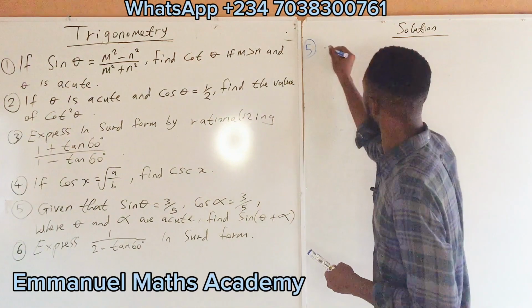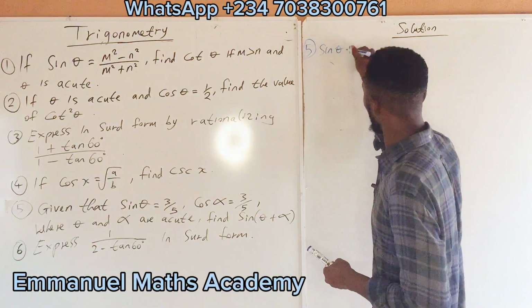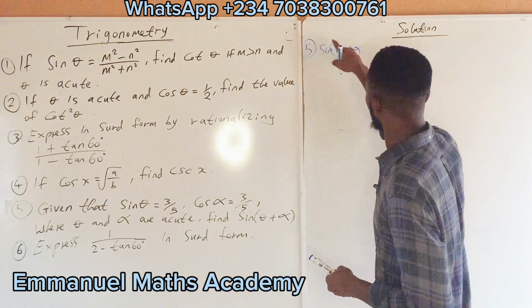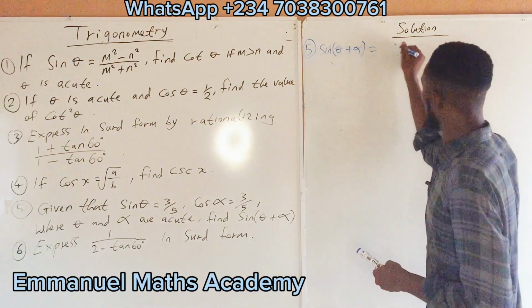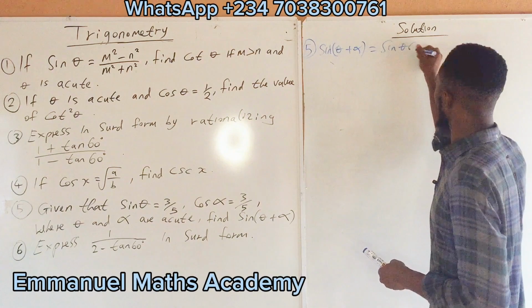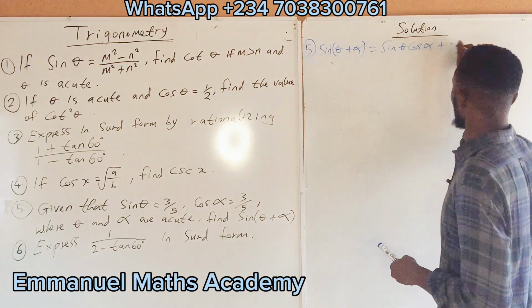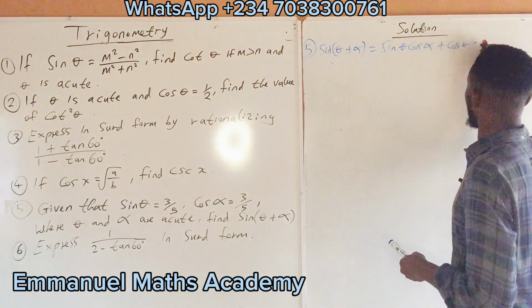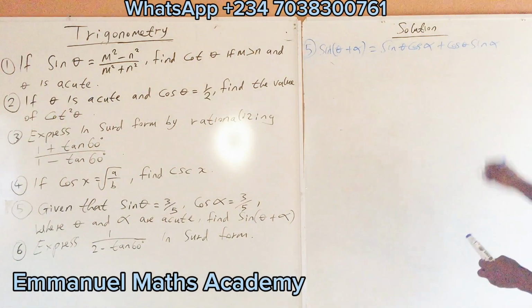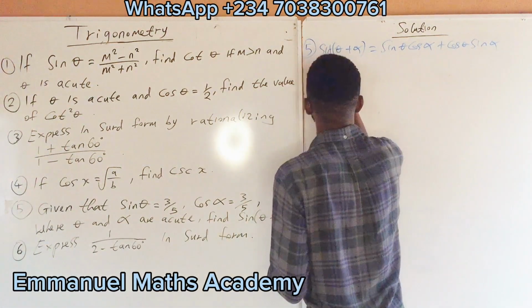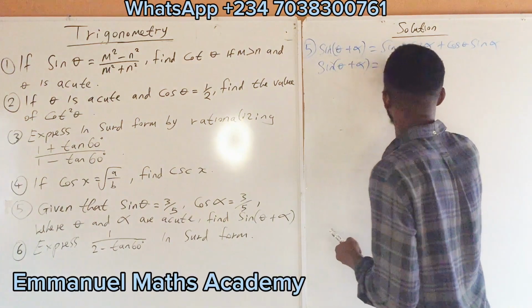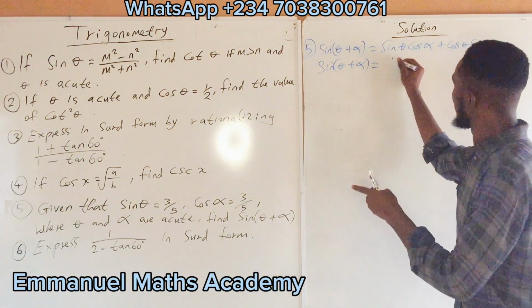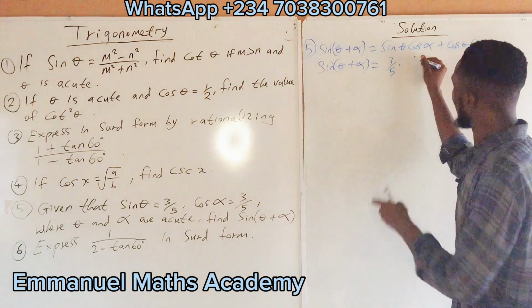So question number 5. From this, sine theta plus alpha, the expansion is equal to sine theta cos alpha plus cos theta sine alpha, right? Our sine theta plus alpha is equal to, what's our sine theta? 3/5.